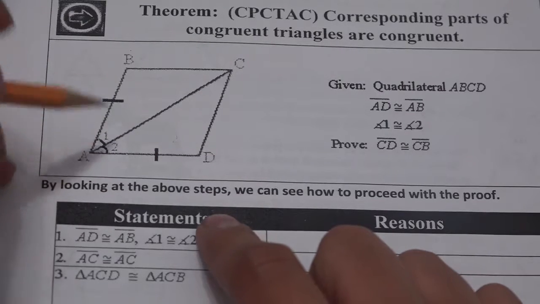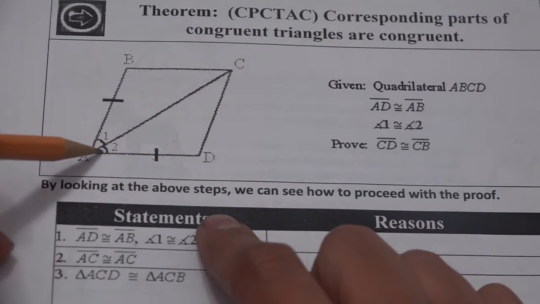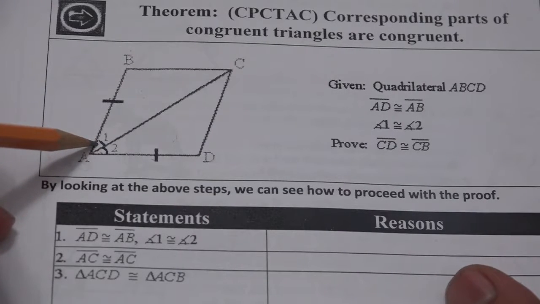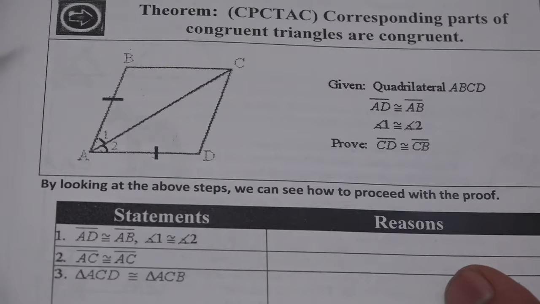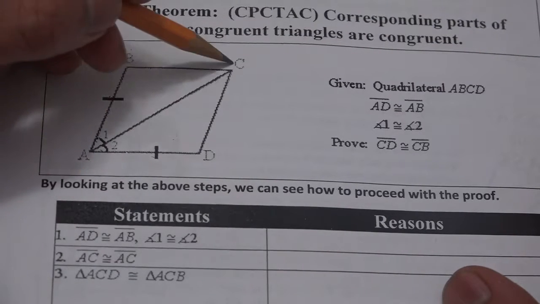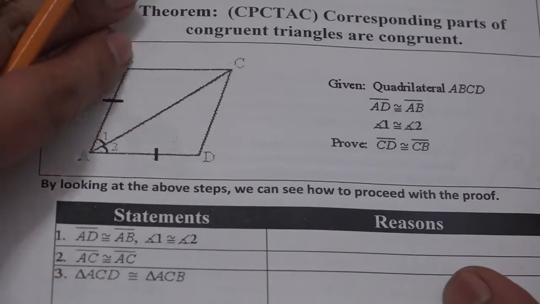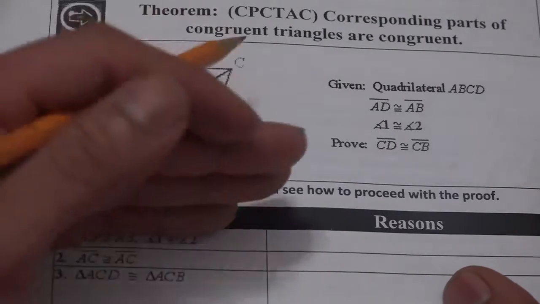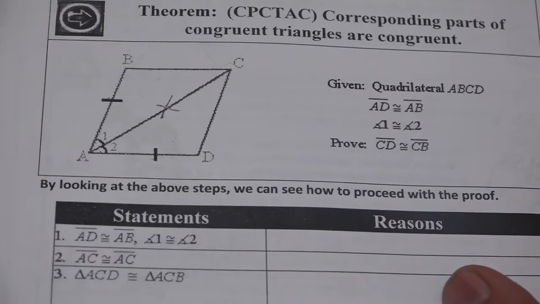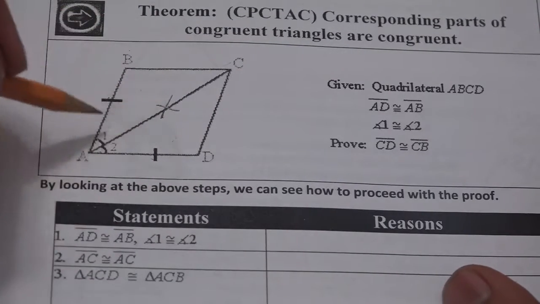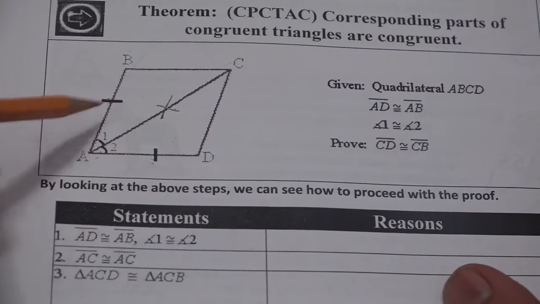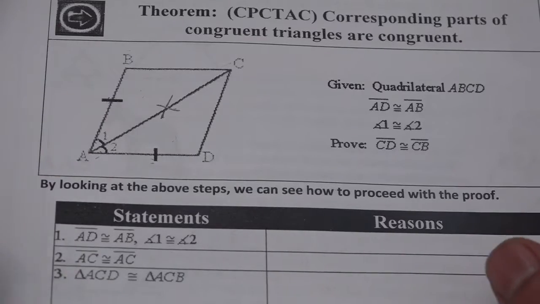These two angles are congruent, so I've got side, angle. I need one more piece of information, but I need facts. What can I do? AC is a side of this triangle, but it's also a side of this other triangle, so it's congruent to itself. Now that's it. Side, angle, side. Side, angle, side. I have proven the triangles congruent.